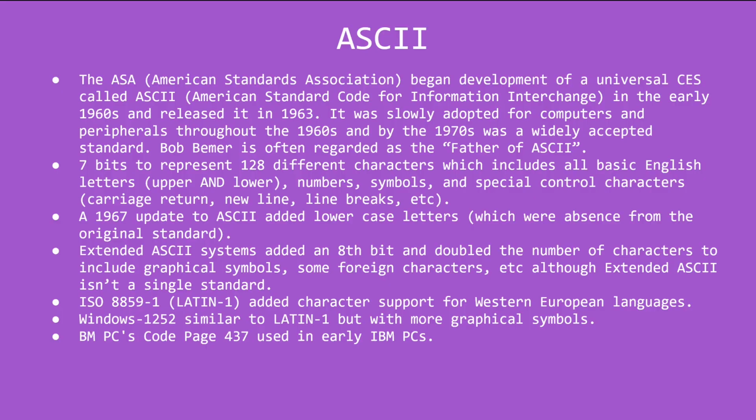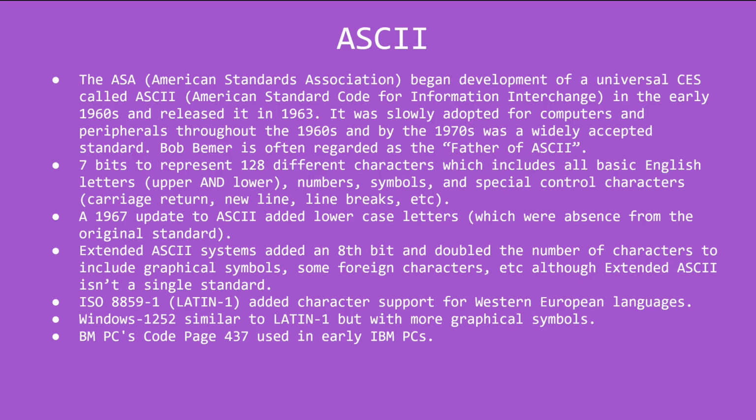And then there were extended ASCII systems. They added an 8th bit, doubled the number of characters to 256, added graphical symbols, foreign characters, etc. Keep in mind that extended ASCII was never a single standard. It branched off in many different directions. So even if something supported basic ASCII, it didn't mean it supported any of the extended sets.